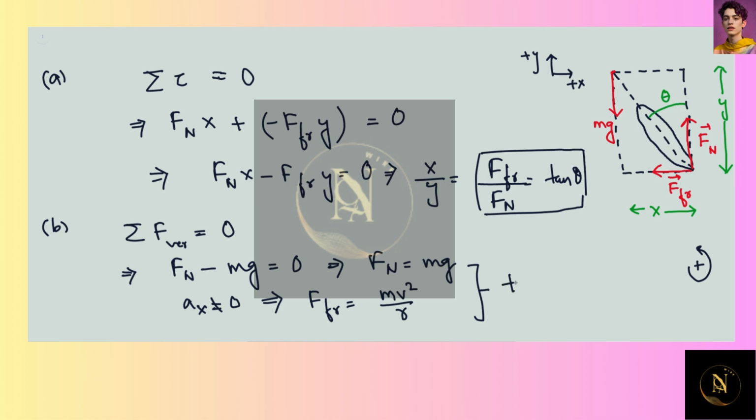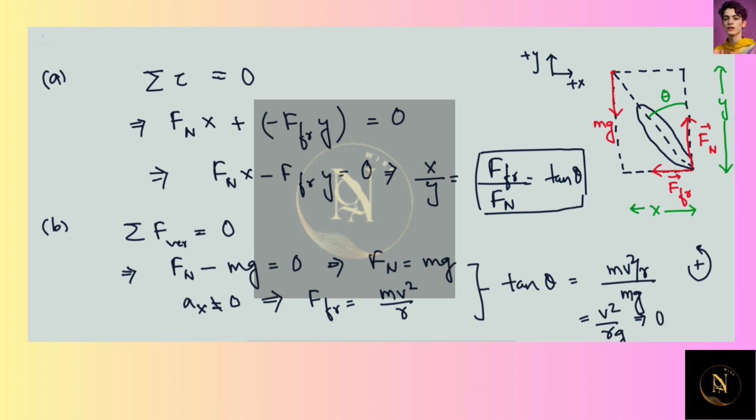So we get tan theta equal to mv square over r over mg, which is equal to v square over rg. Therefore theta will be equal to tan inverse of v square over rg.